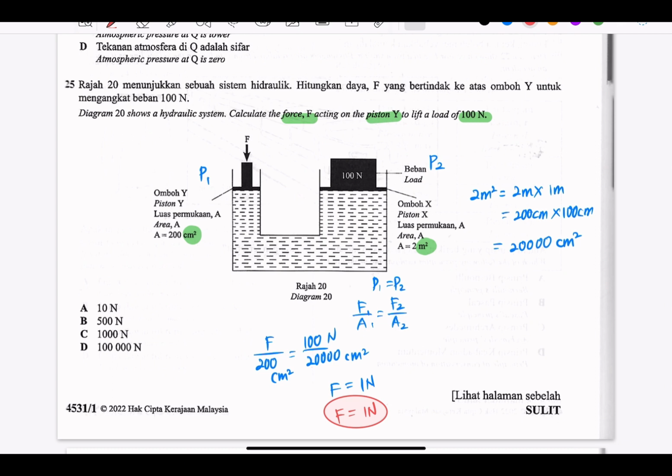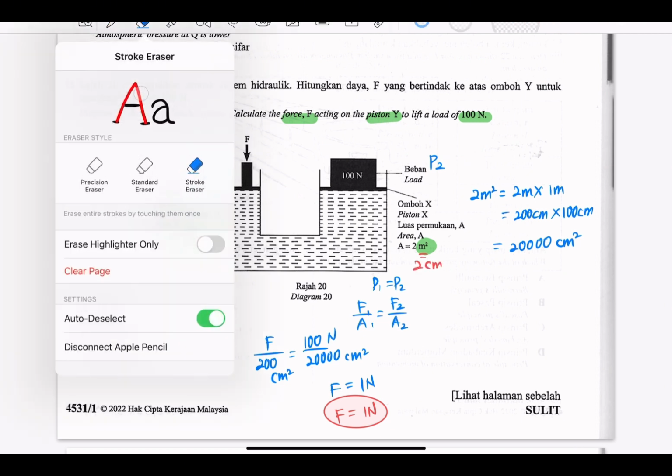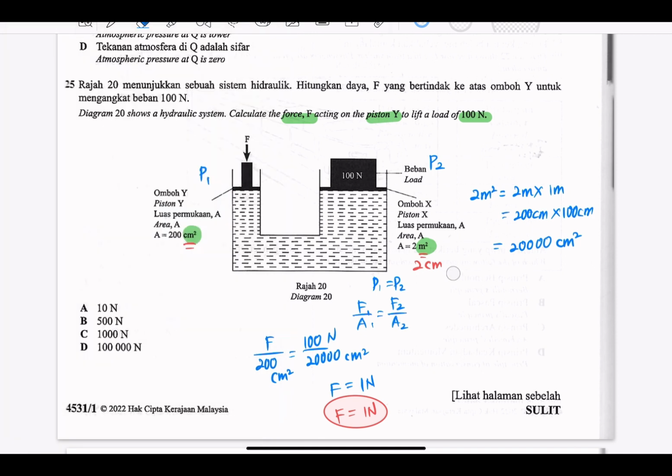So I check again, maybe there's a typing error. Maybe the units are the same. So let's say over here is 2, cannot be 2 centimeters square. It doesn't make sense. Never mind, just check if over here is 2 centimeters square.